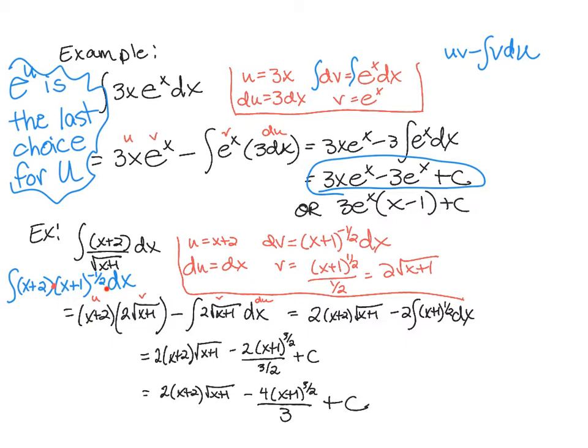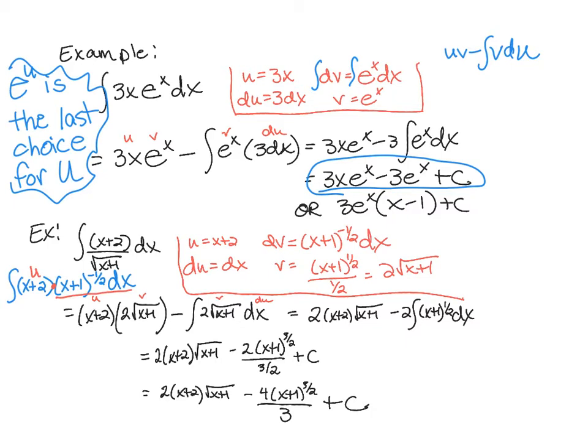When I take the derivative of blob to the fractional exponent, positive or negative, he's never going to get simple. But this guy right here, plain old x plus 2, this derivative is just dx. So the x plus 2 is the obvious choice for the u. And that means the rest of this stuff is dv.